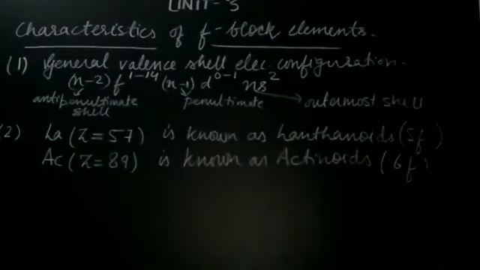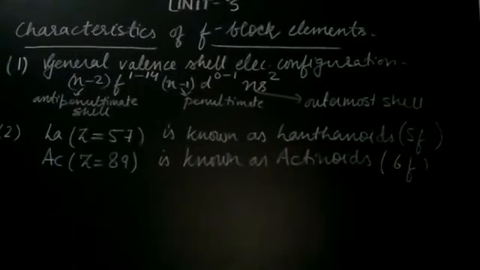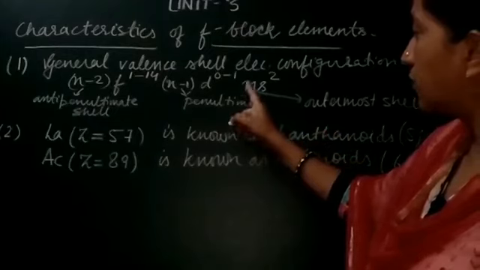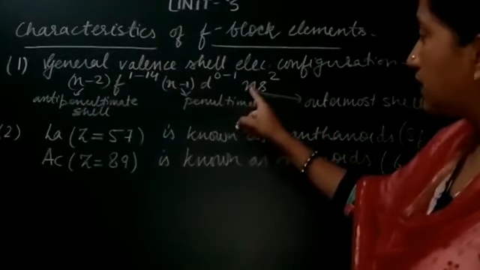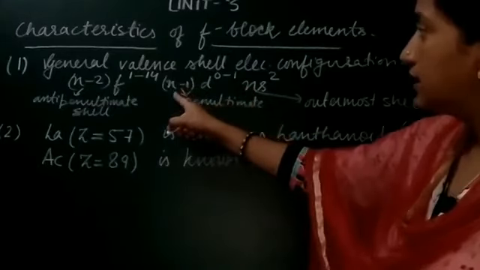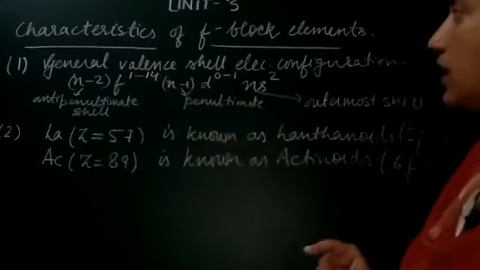Now just have a look at the configuration properly. If the outermost shell is 6, it will be 6s, then 5d, and then 4f.